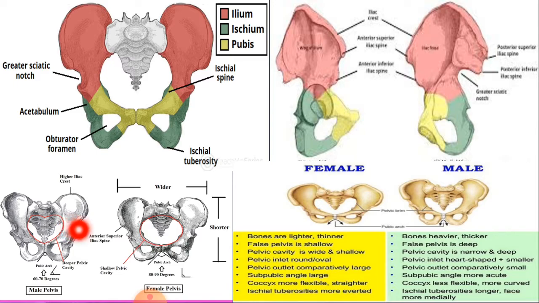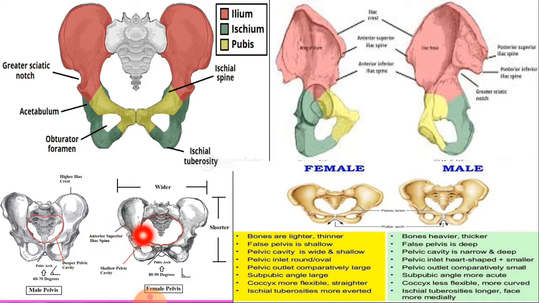This is the male pelvis, and this one is the female pelvis. So the bones are lighter in the female pelvis as compared to the male pelvis. They are heavier and thicker in the male. The false pelvis, which is above the promontory and the iliopectineal lines, is shallow in the female pelvis, and it is deep in the male pelvis.